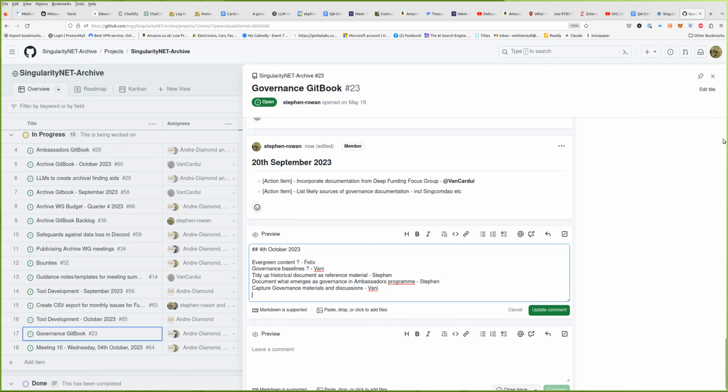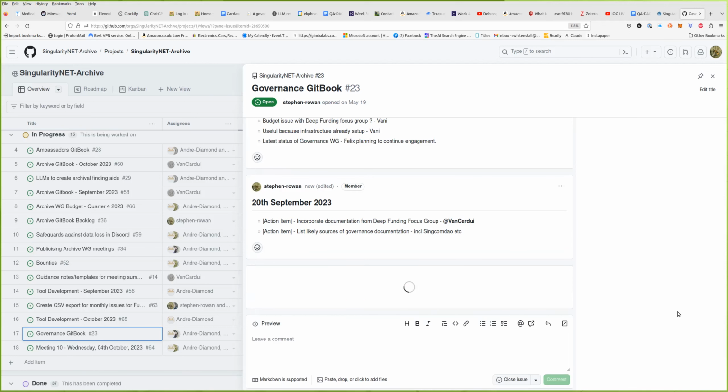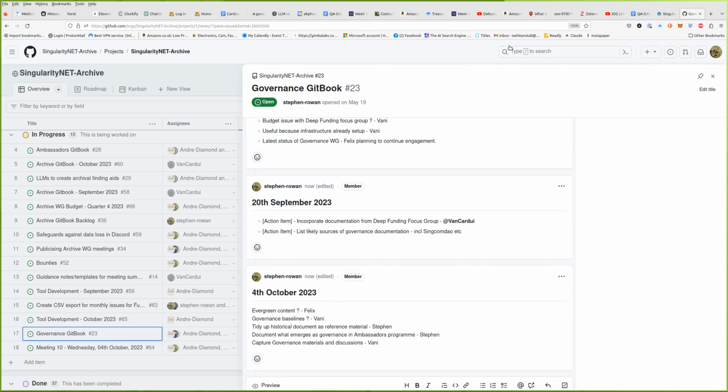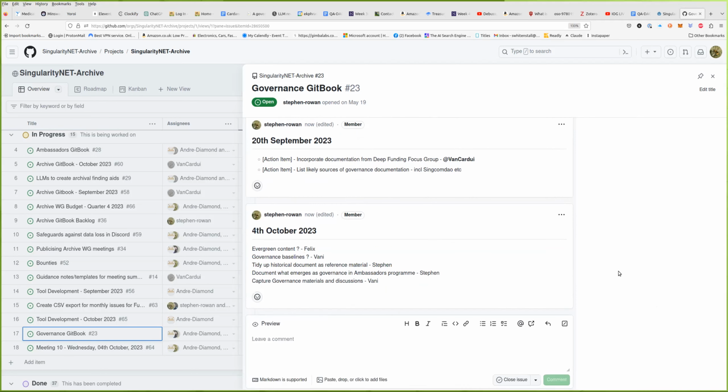But then on the other hand, people do need to step up, don't they, Felix? Yep. But I think the problem with that is that it has to happen of its own accord in some ways, or maybe it's a subject that just needs to be percolated more around the ambassadors program and will come of its own.